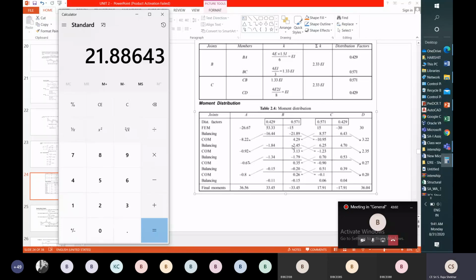How to distribute 4.29? 4.29 multiplied by 0.571 gives a negative sign. 4.29 multiplied by 0.429, negative sign. Okay, are there any doubts?